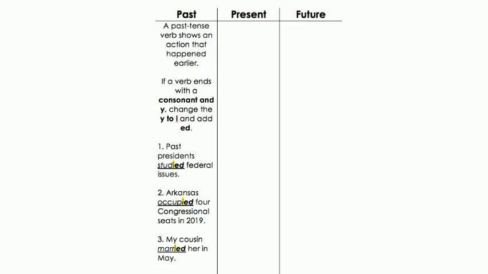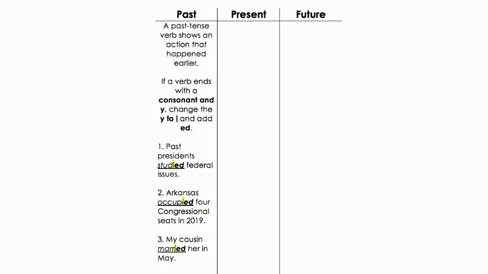Number 2, Arkansas occupied 4 congressional seats in 2019. Occupy ends with a Y, so you change the Y to I and add ed to make it past tense. Occupied. O-C-C-U-P-I-E-D.